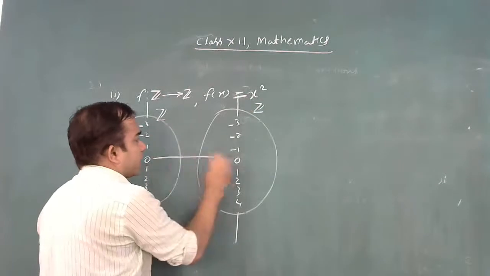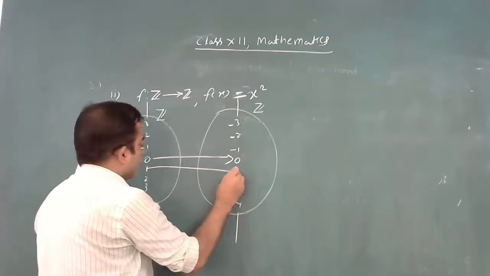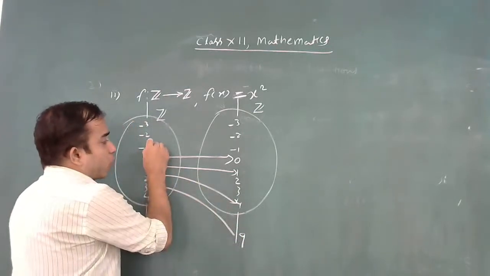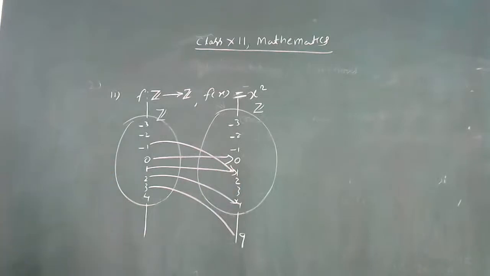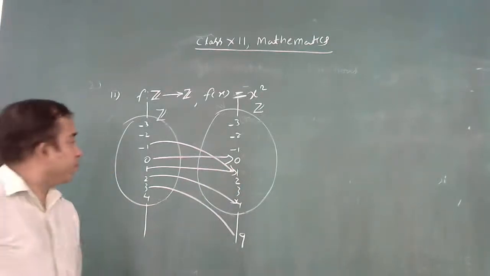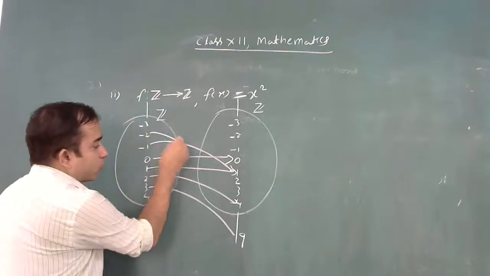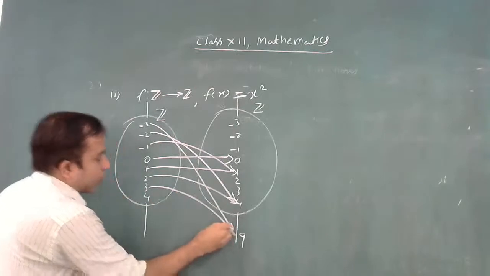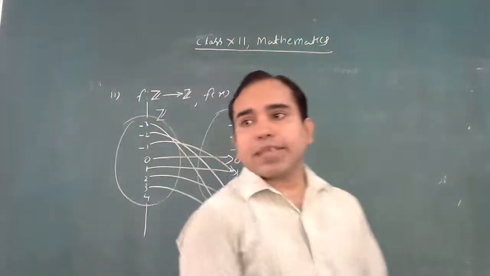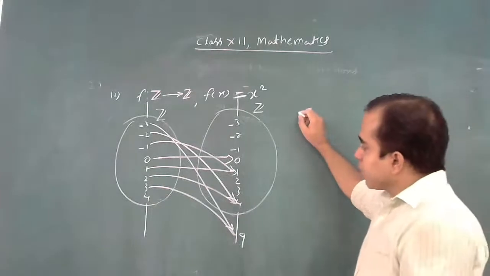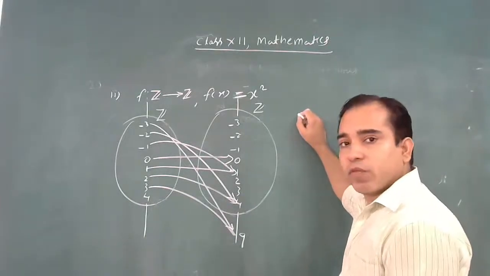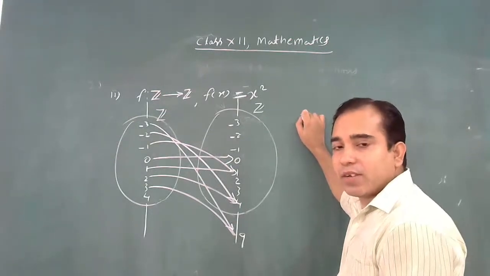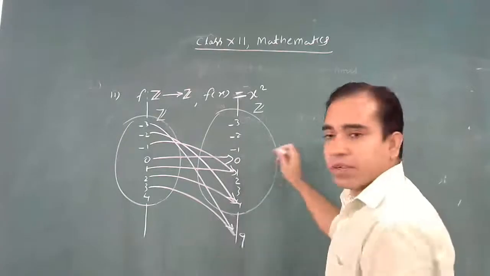So 0 square means 0. 1 will go to 1, 2 will go to 4, 3 will go to 9, -1 will go to 1, -1 whole square is 1, -2 whole square is 4, and -3 whole square is 9. आप अपना कंक्लूजन निकाल लीजिए। सेकेंड पार्ट का 1-1 है कि नहीं है? 1-1 तो नहीं है। -1 और 1 तो एक ही थाली में खाना खा रहे हैं, है कि नहीं? -1 and 1 तो एक ही इमेज ले रहे हैं, not 1-1.